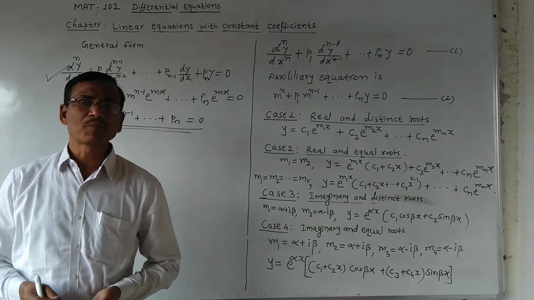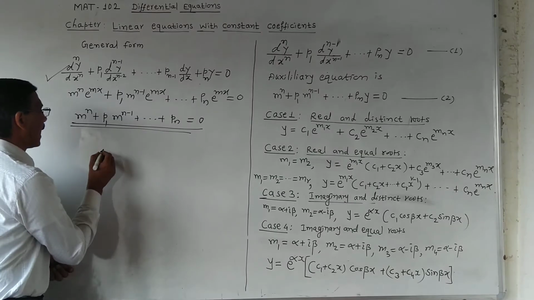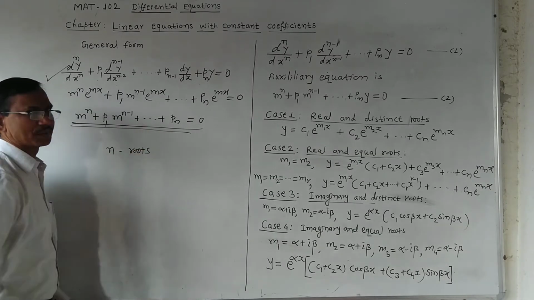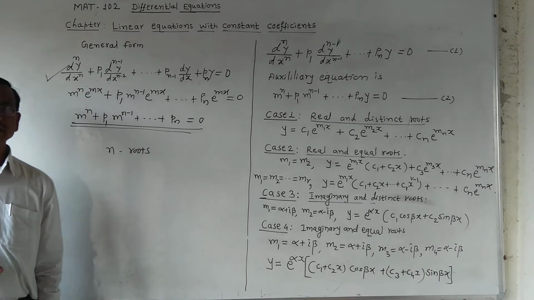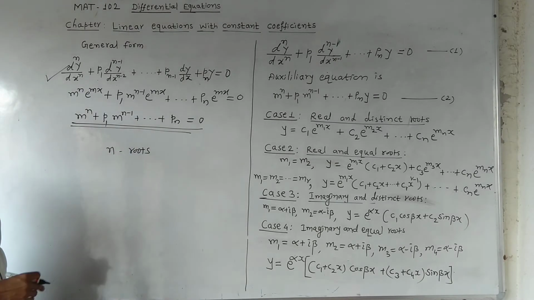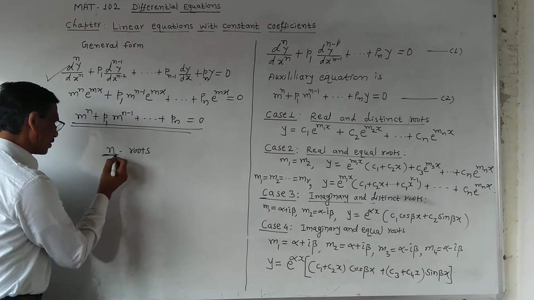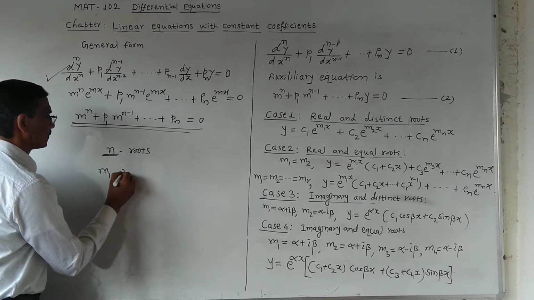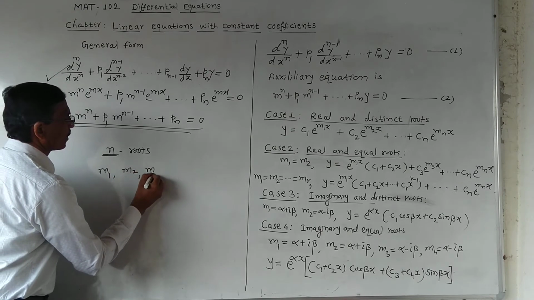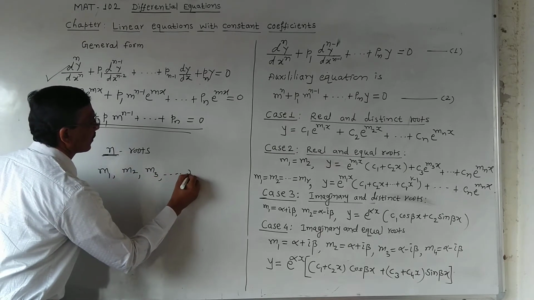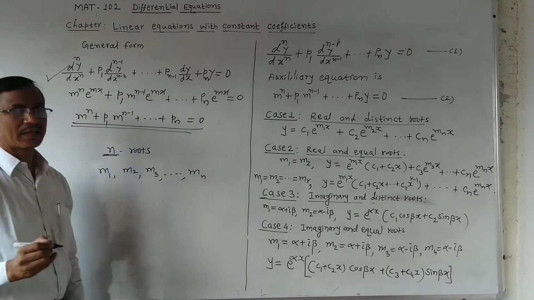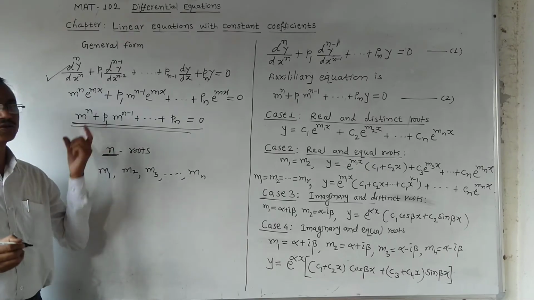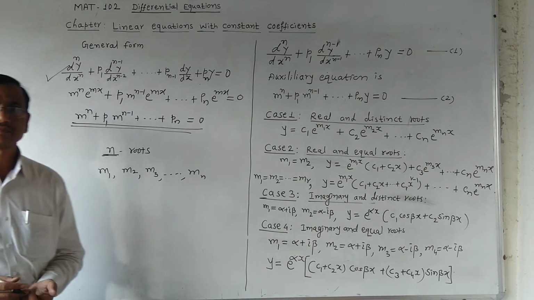As it is an nth degree polynomial equation, it has n roots. Roots means solutions. It has n solutions. If we assume that these n solutions are m1, m2, m3, and continuing like this, mn, these are the n solutions of this auxiliary equation.